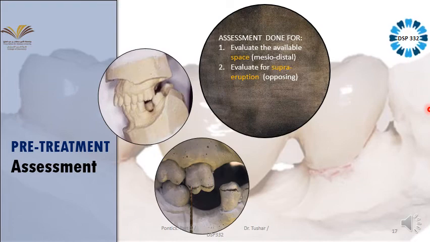That means if you want to correct, you have to throw that prosthesis, do the maxillary occlusal plane correction, and again repeat the prosthesis. So already you have spent a lot of time for the first bridge, then you will spend again time for your second bridge and occlusal correction. Why does this happen? Because you didn't do the pre-treatment assessment.